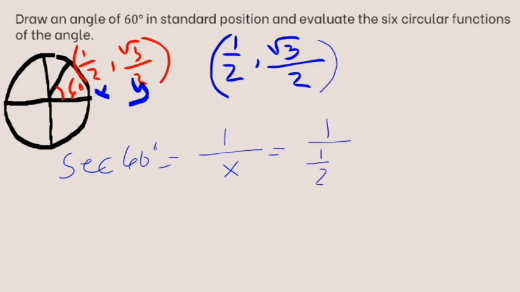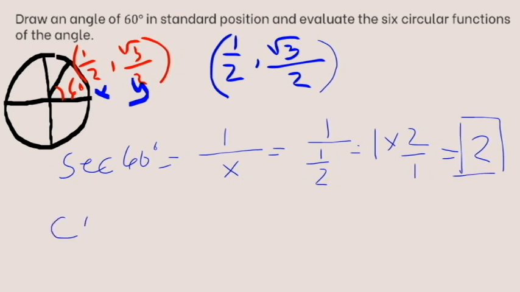So again, to simplify this, let's reciprocate the denominator and change the operation into multiplication. So 1 times 2 over 1, or simplified as 2. This is now our secant.